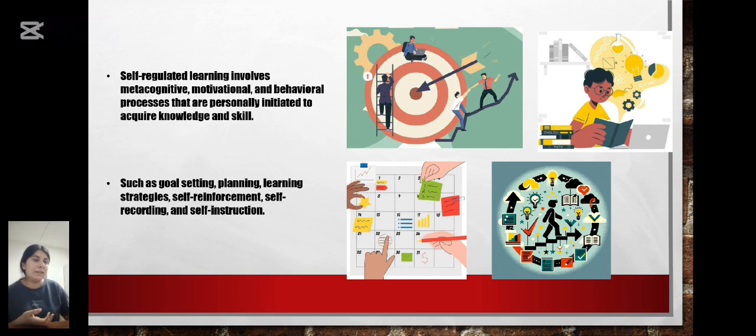So there are other things like planning, learning strategies, reinforcements, then recording. So they are all the definitions of self-regulated learning: how we learn and how we must learn by keeping up with them.